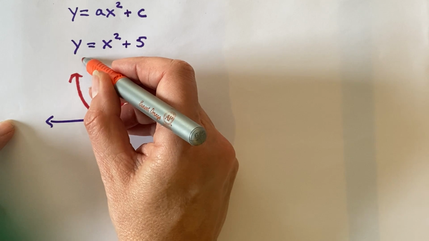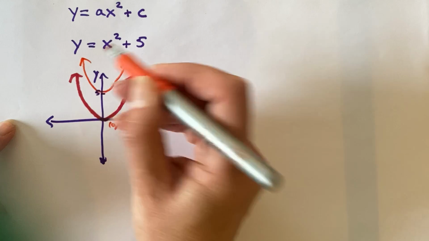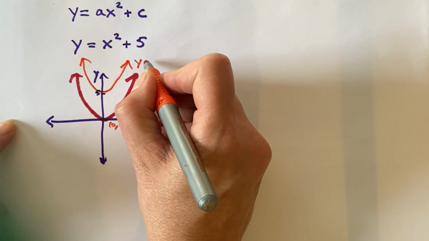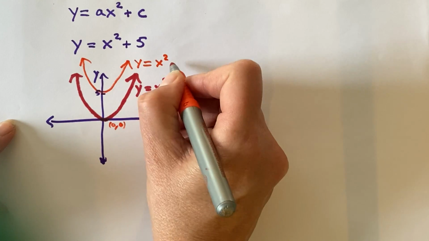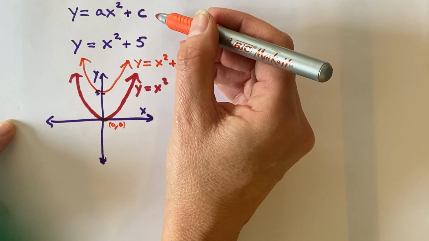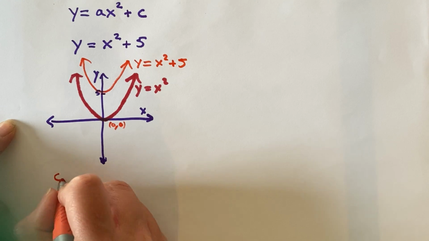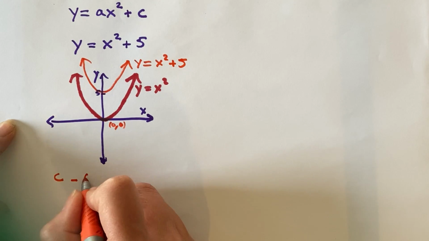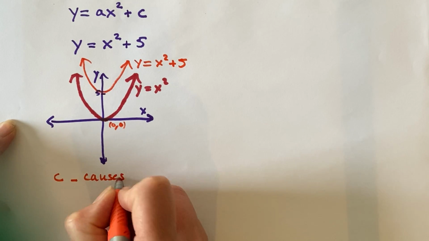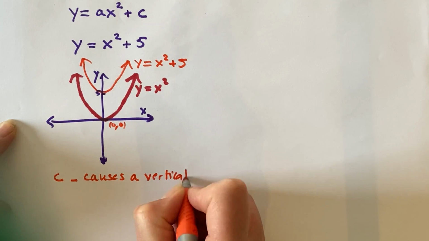It has the exact same shape, no shrink nor stretch whatsoever. But all it is, is it's moved up by 5 units. So the c value is what's called a translation. It causes a vertical translation.